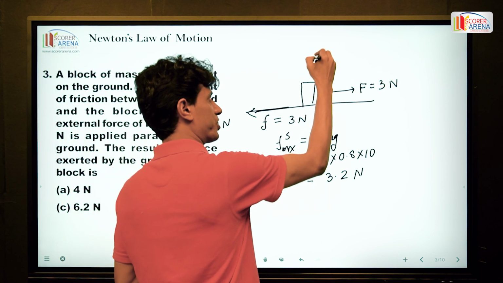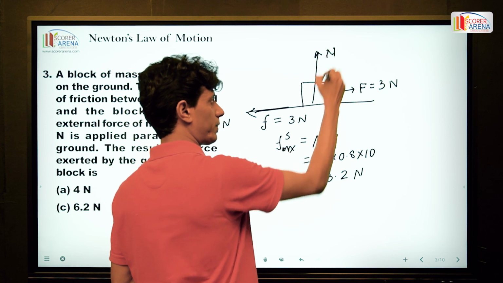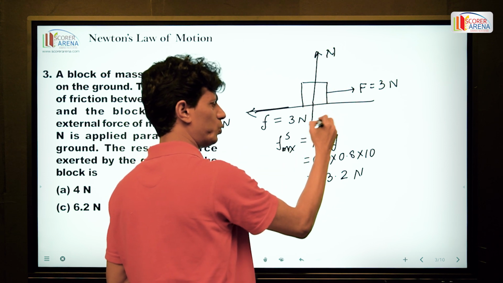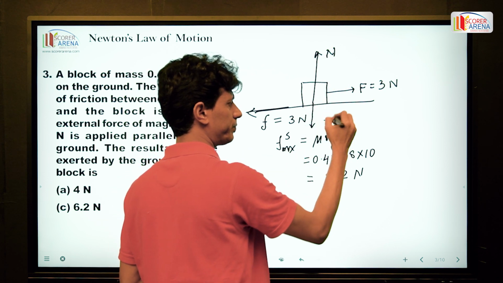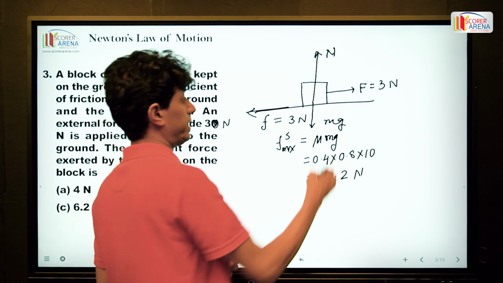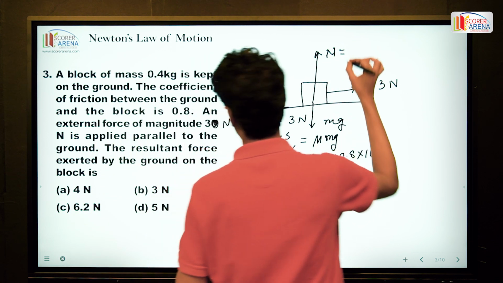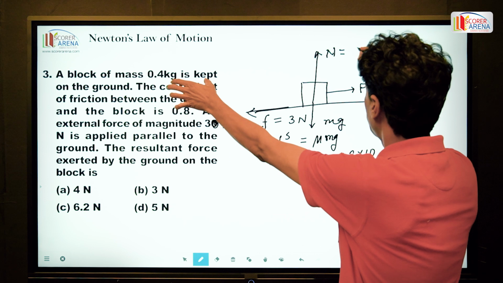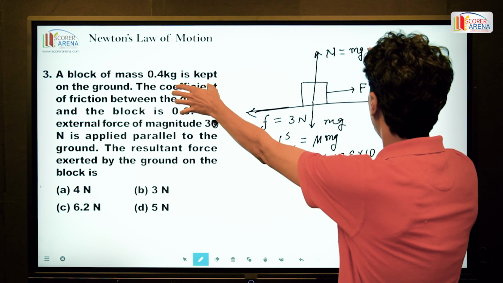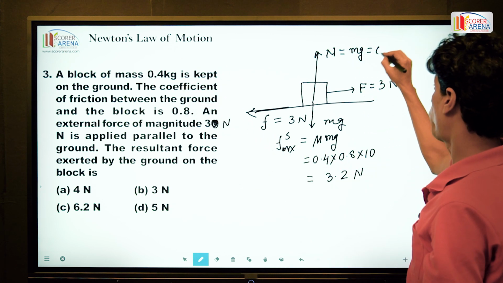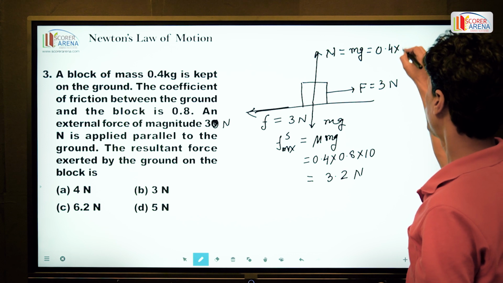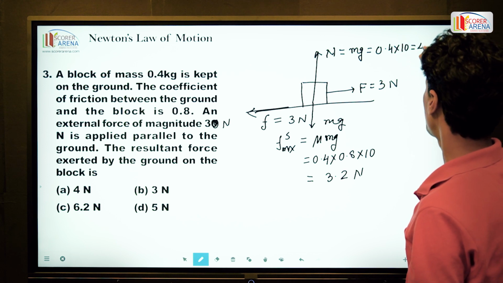And the normal reaction N is equal to mg, and the value of m is 0.4, times 10, so therefore it is 4 Newton.